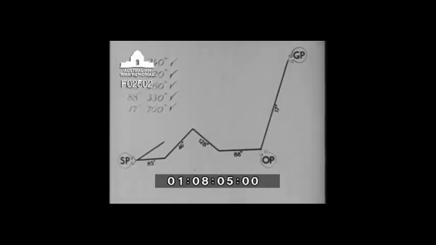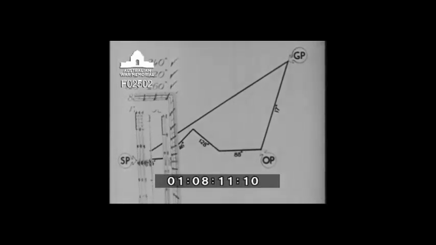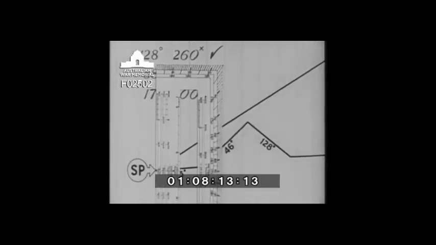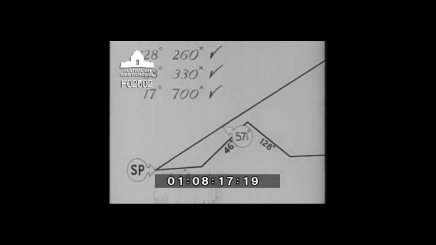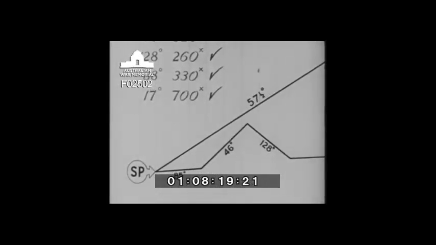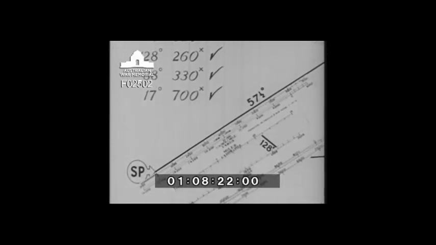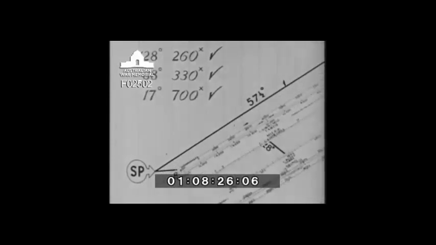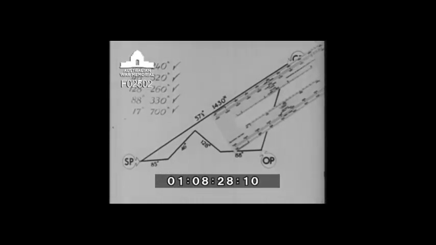Now he draws a line connecting his starting point to the gun position and measures this bearing with his protractor. It is 57.5 degrees. He next measures the distance along this line using the same scale that he used for plotting the other distances, 1430 yards.